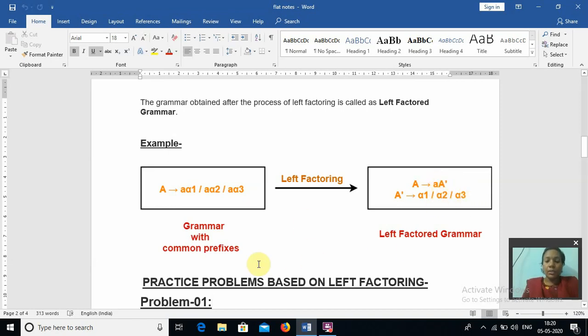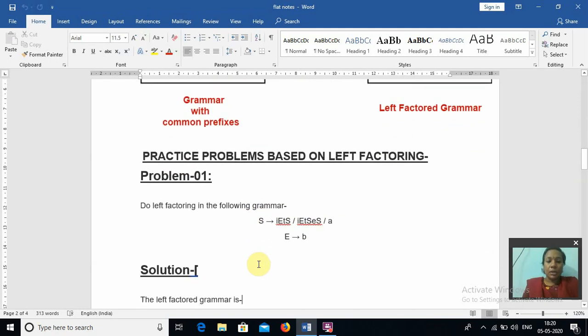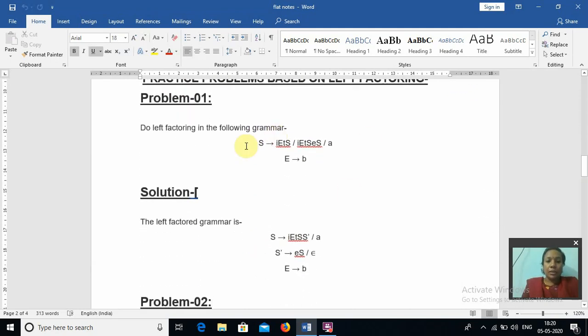Okay, so let's go with an example. This is the grammar here. We have common prefixes, so we have to left factor it. So what are the common prefixes here? These three production rules are combined here. In the first and second production rules, iEtS is the common prefix.